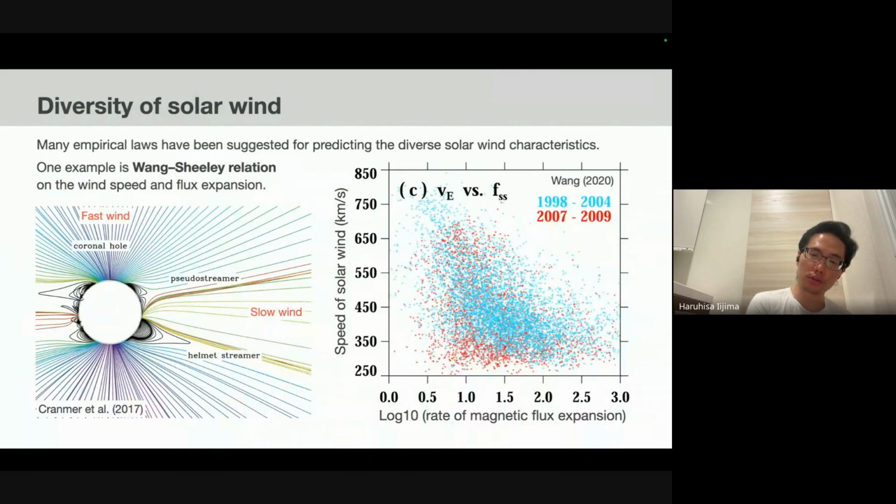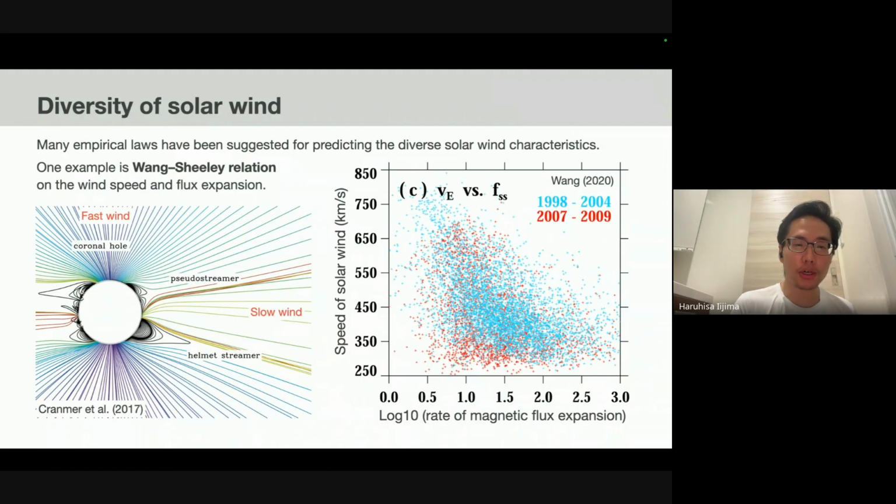One is the slow solar wind, and the other is the fast solar wind. There are many categorizations, but one example is the speed of the solar wind. And on the speed of the solar wind, we have the Wang-Sheeley relation, which is an empirical relation between the solar wind speed and the magnetic flux tube expansion.